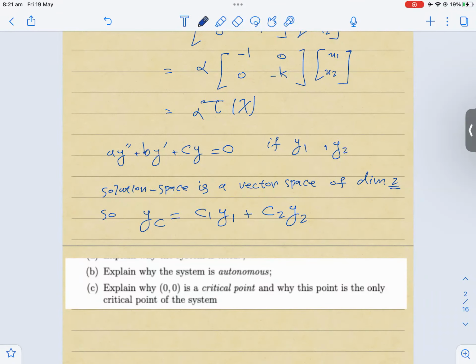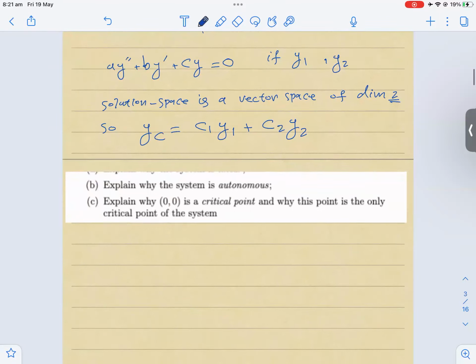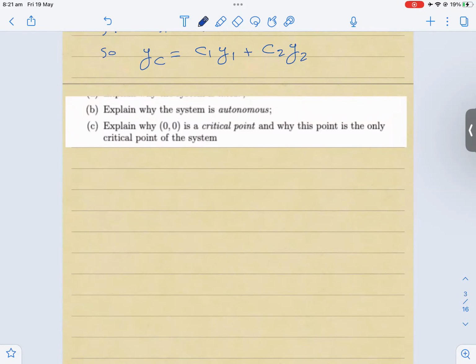Now, we want to explain that the system is autonomous. What's autonomous? Autonomous means we shouldn't have a non-homogeneous part. Here we have x prime equals minus x, y prime equals minus ky.